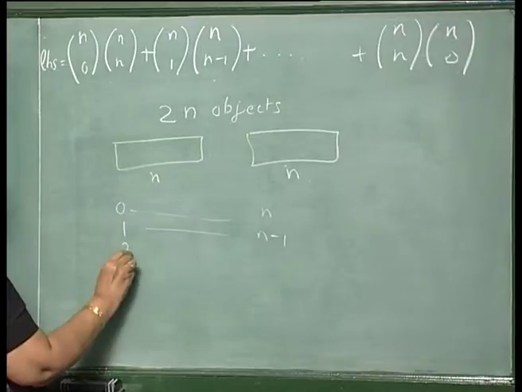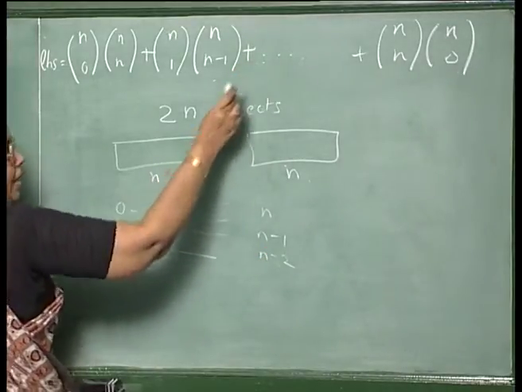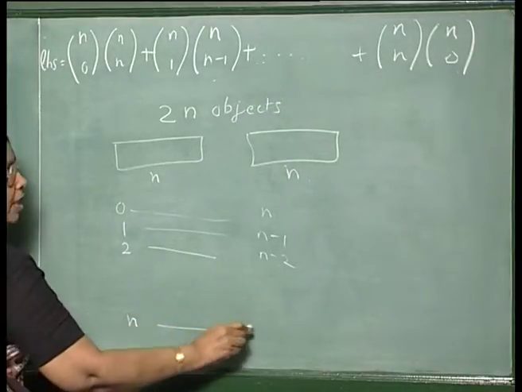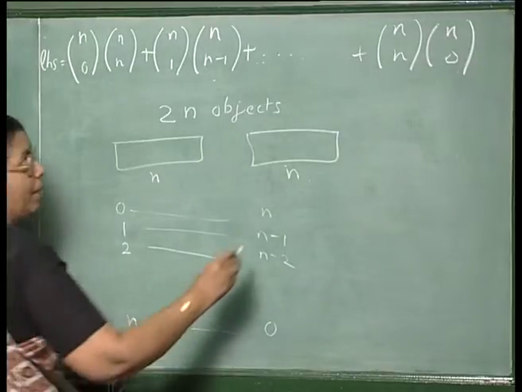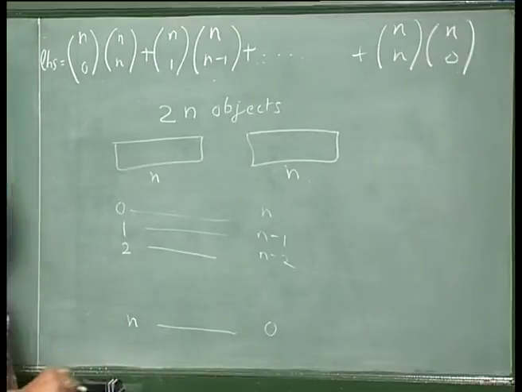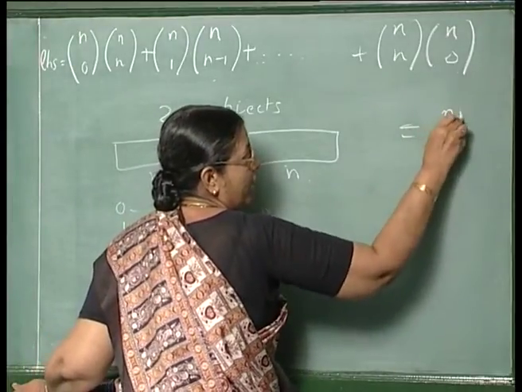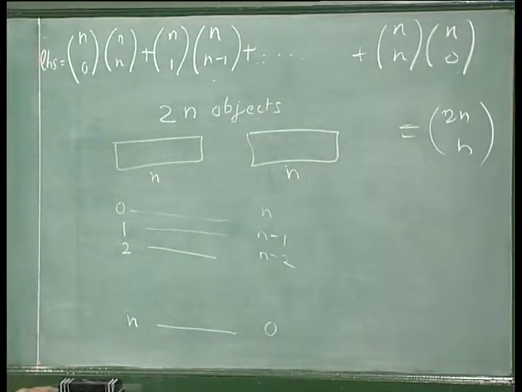I can choose 2 from this set and n minus 2 from this, that will be this next term. And the last, I can choose all the n from this and 0 from the second set. So that is given by this. So in essence, it amounts to the number of ways of choosing n objects out of 2n objects, and we know that that is given by 2nCn. So by a combinatorial argument also you can prove this equality.